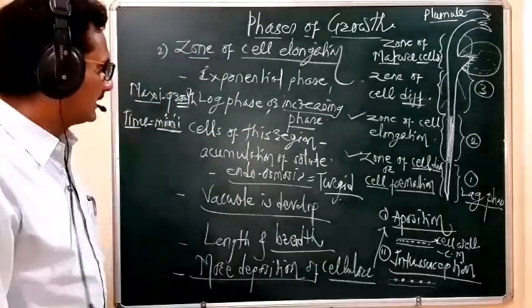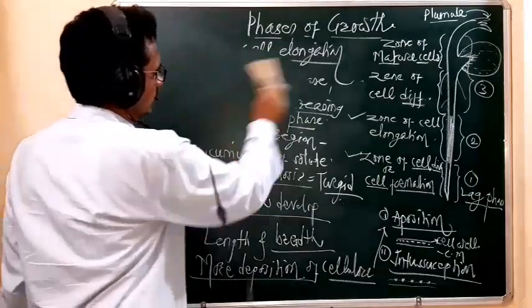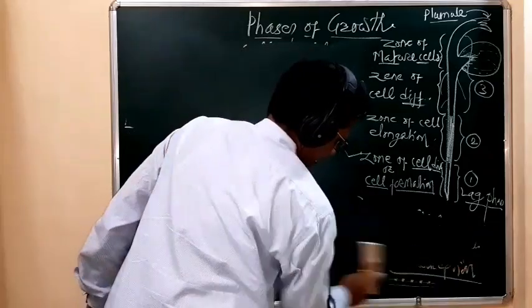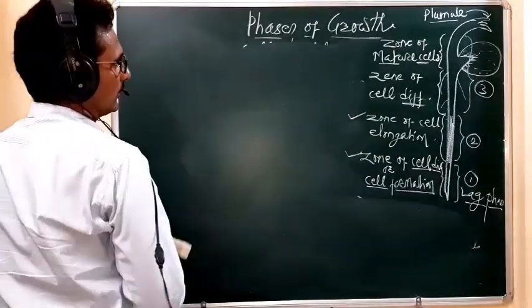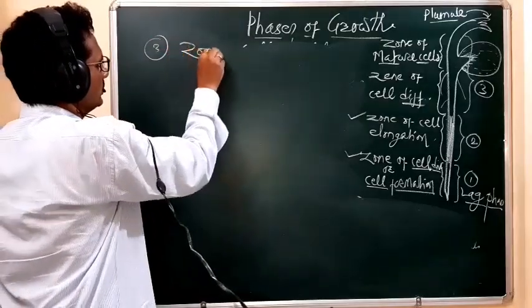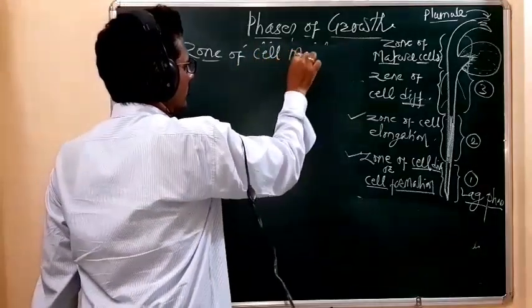Now the third phase of growth. What is that third phase? The zone of cell maturation.